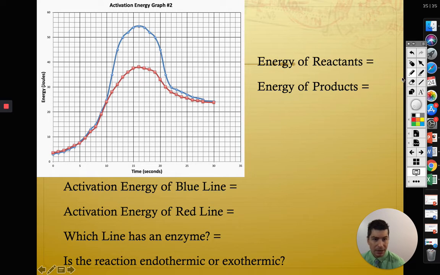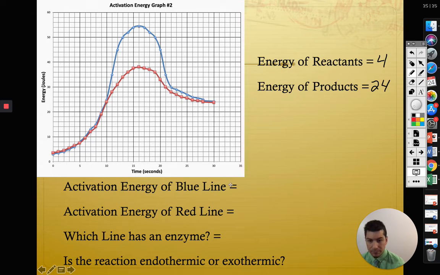Energy of our reactants, where we're starting at, maybe 3, maybe 4, somewhere around there. We'll just say 4 for our reactants. Our products, again, guys, make sure you're not going down with it. We want to go across to these numbers. So that's going to be about 24. 25 would be right in the middle, so it's a little bit below that, 24.